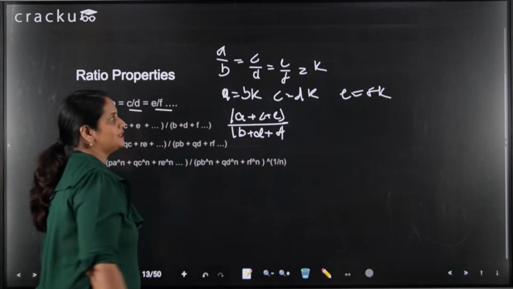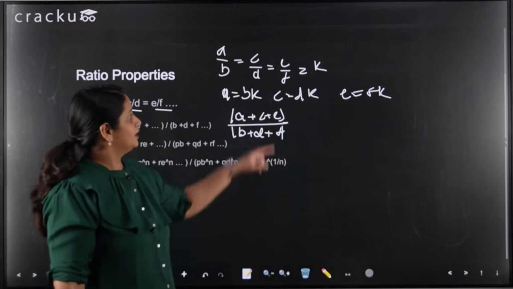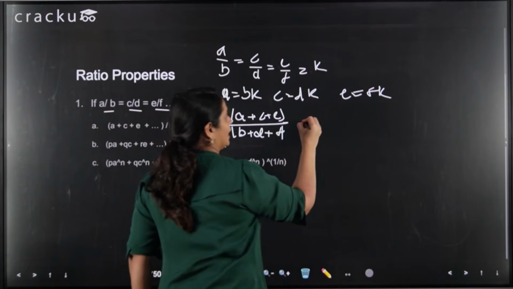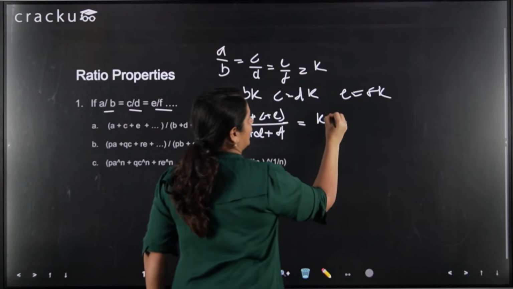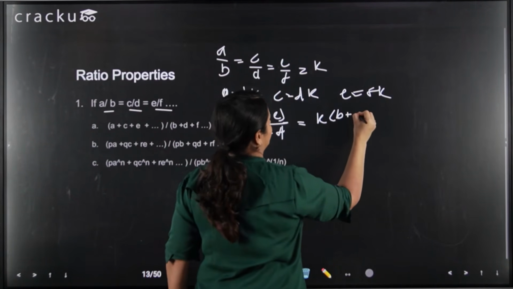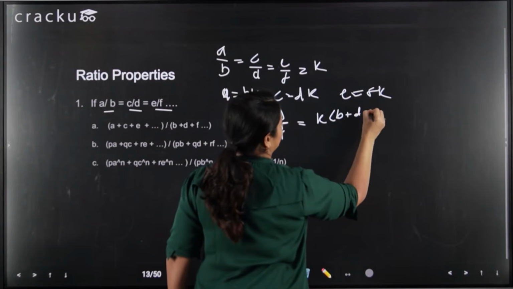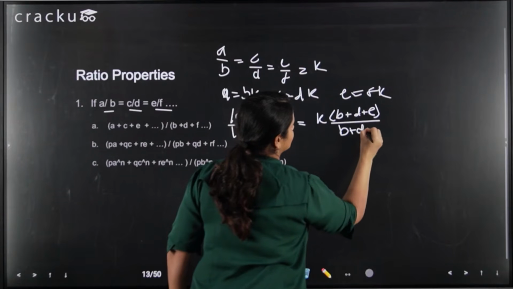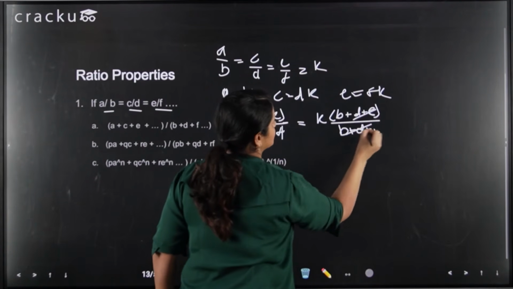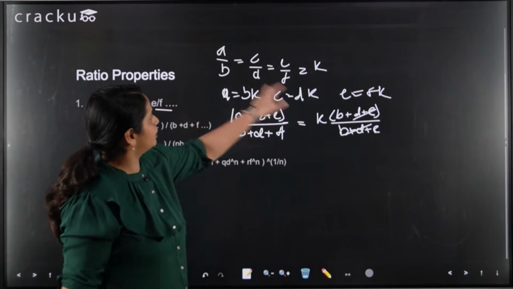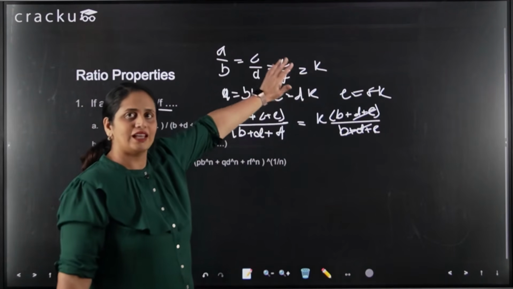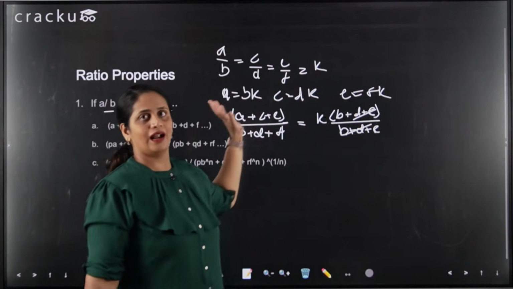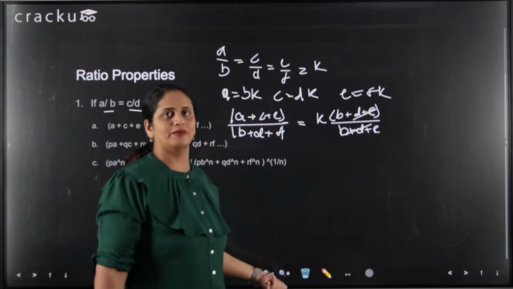I can replace A by BK, C by DK, E by FK. I can take K in common and I'll get K times (B plus D plus F) divided by (B plus D plus F). So this cancels off and I get this is also equal to K. This is also equal to the same ratio. If I add up all the numerators and add up all the denominators, I get the same ratio.